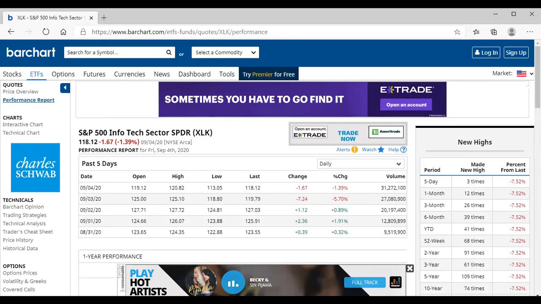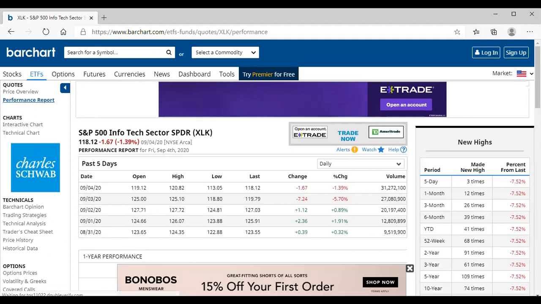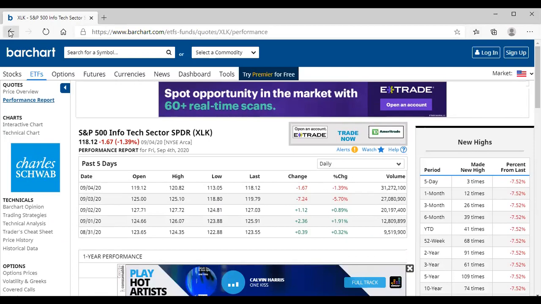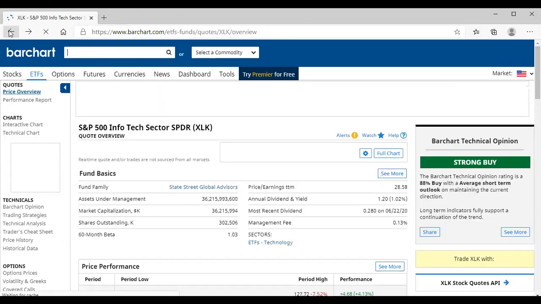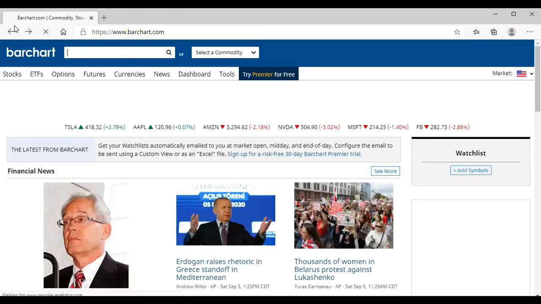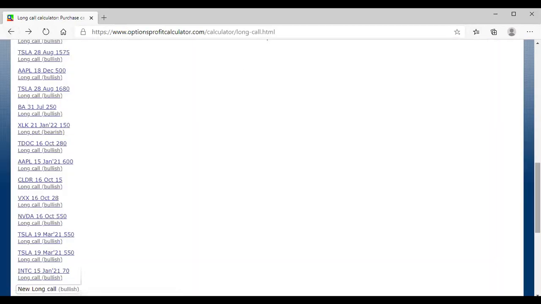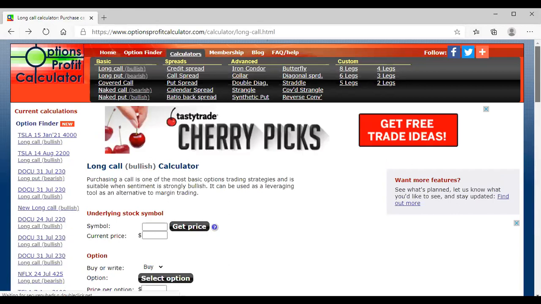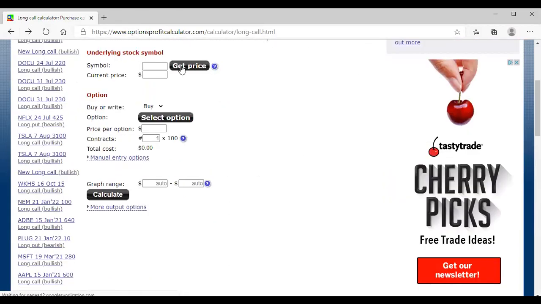After you do that, you're going to add that to the actual stock price of 118. So you get 135. So the strike price for a January 2022 XLK would be 135.